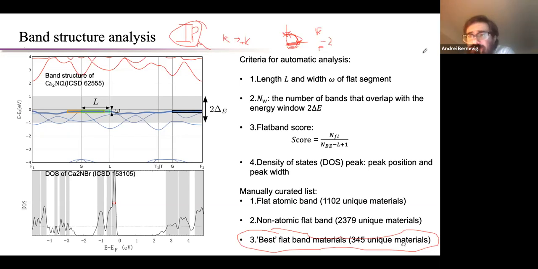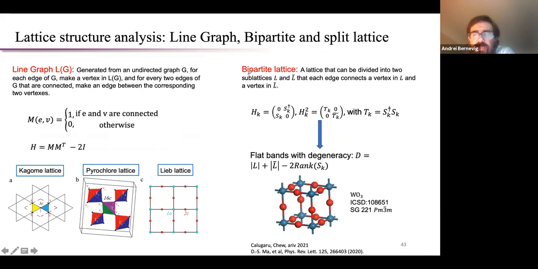Okay. So I spoke about the brute force way, but of course, as Inigo was asking, anticipating the next slide, what we actually want to do is to complement the brute force way with the non-brute force way, with this line graph, not line graph but bipartite AFK method.